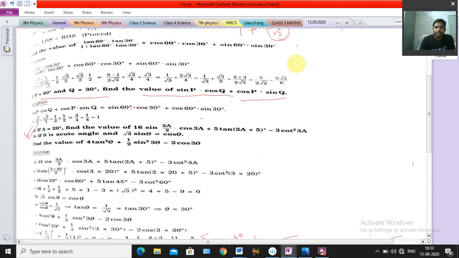The question is here, A equal to 20, no? Here given 16 sin 3A by 2, into cos 3A, okay, plus 5 tan 2A plus 5 degree minus 3 cot square 3A.